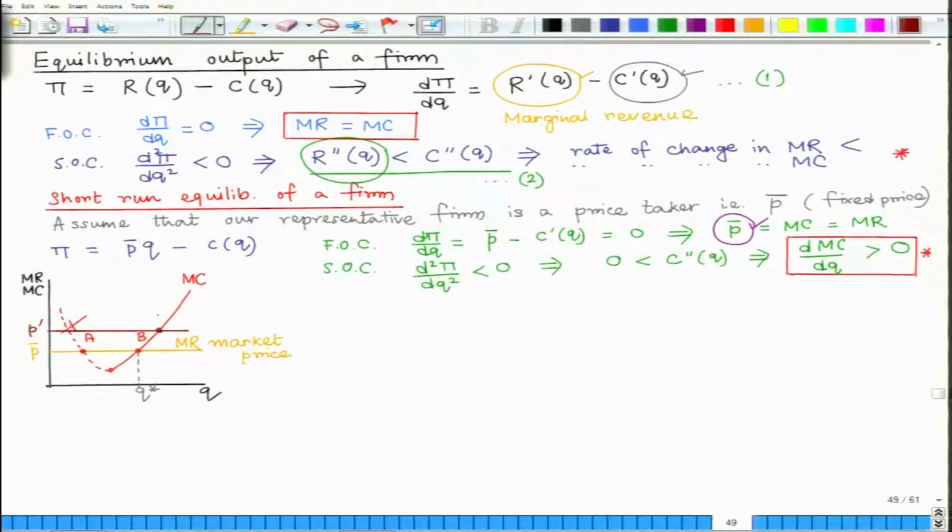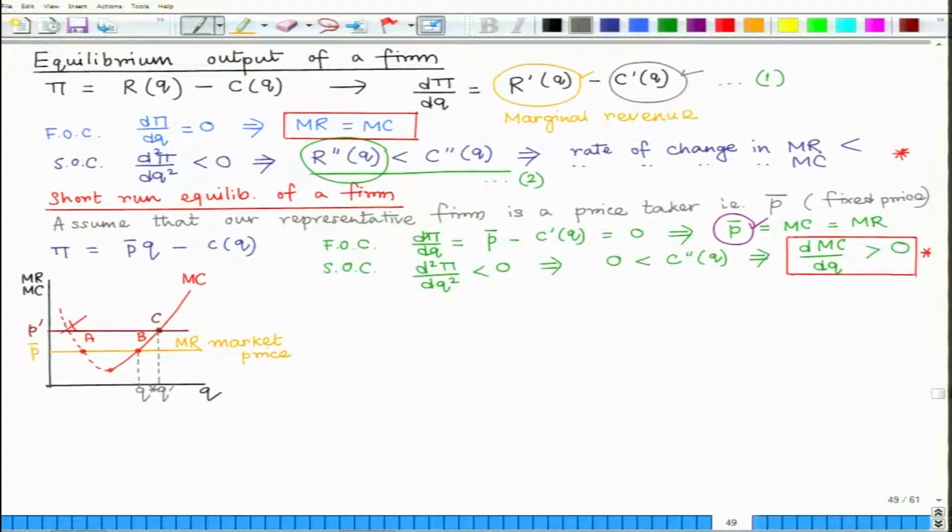So, at point C first order and second order conditions both are satisfied, and if we now draw a perpendicular from this equilibrium point to the output axis, we get another output level Q dash, which is profit maximizing at that particular price level.